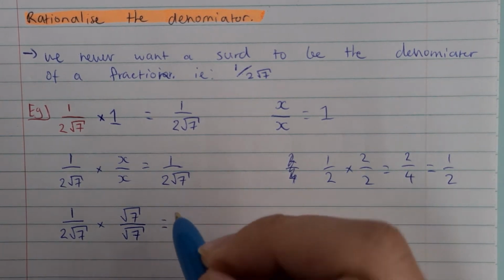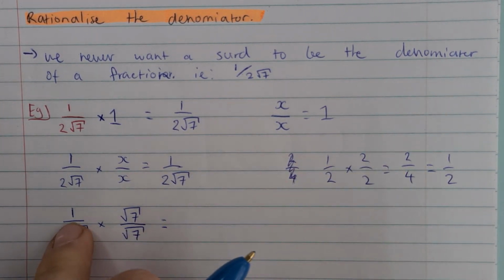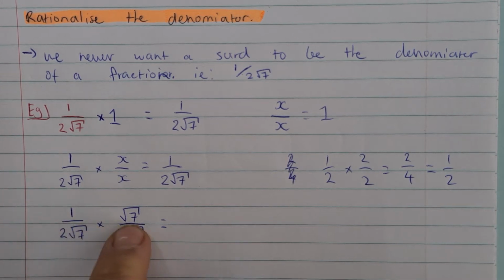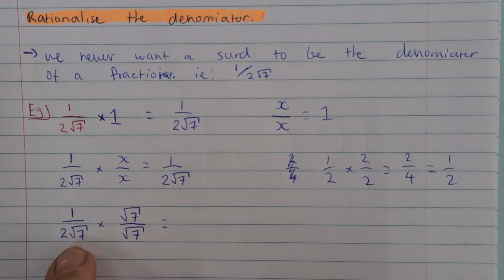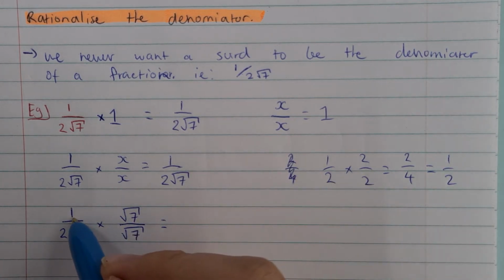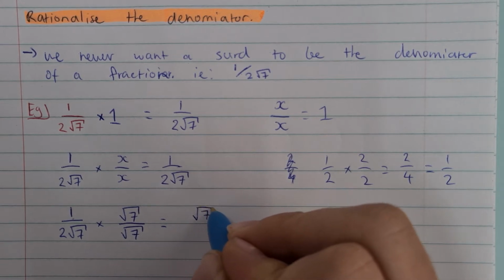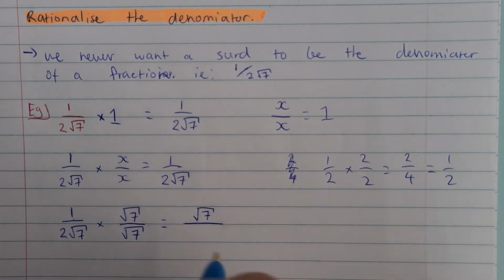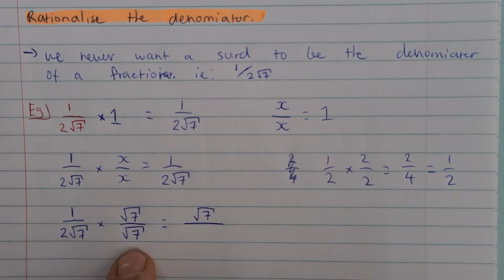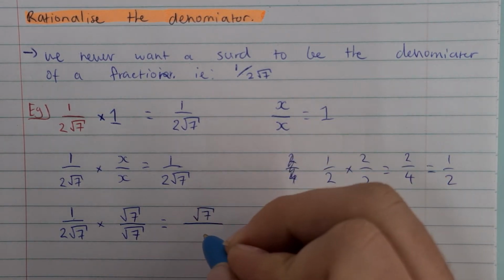But what happens is, we know how to multiply fractions. When we're multiplying fractions, we multiply the two numerators together, and we also multiply the two denominators together. So if I multiply 1 by root 7, we get root 7 as our numerator. And on the bottom, I've got 2 root 7 multiplied by the square root of 7 as well.